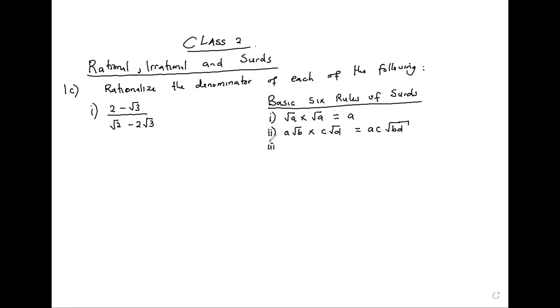The third one is, if I have A root B plus C root B, this is the same thing as A plus C in brackets root B. So I will add the coefficients and then keep that root.